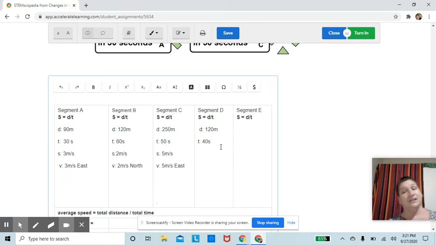How many times does 40 go into 120? 3. So then my speed is 3. 3 what? 3 meters per second.